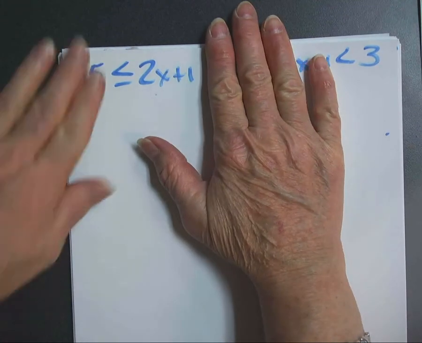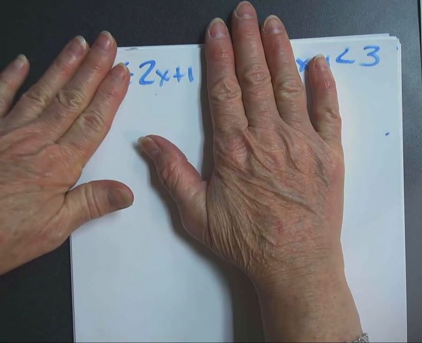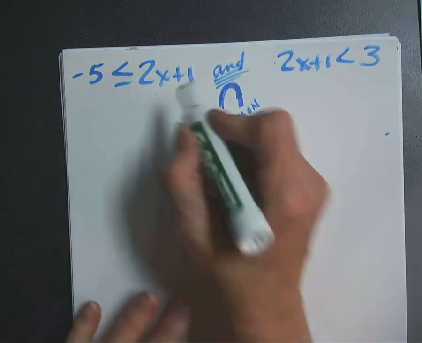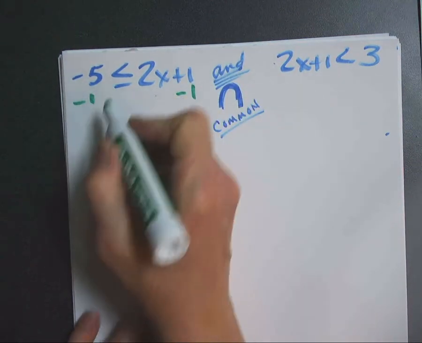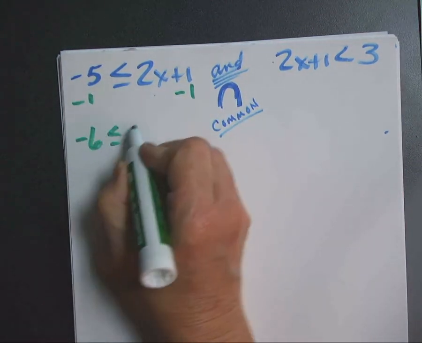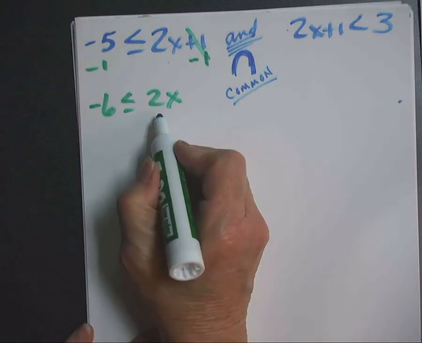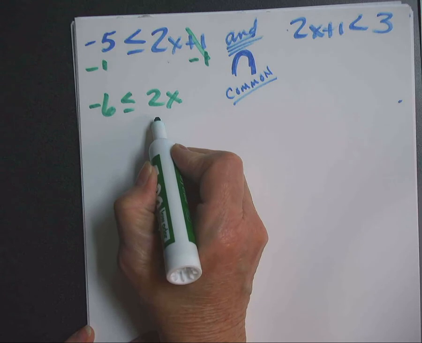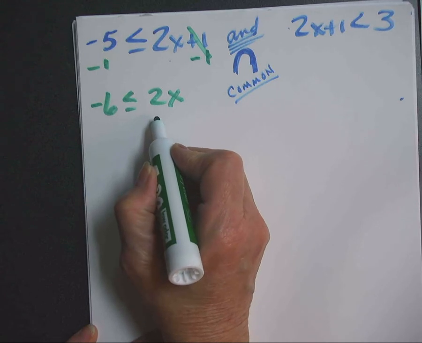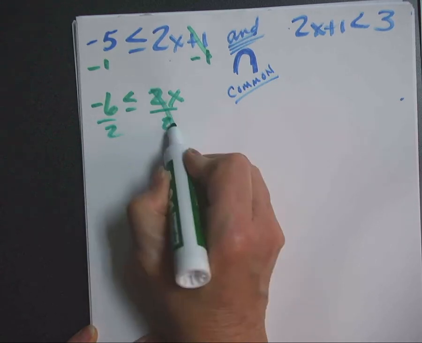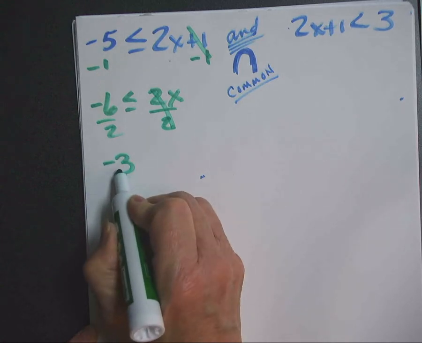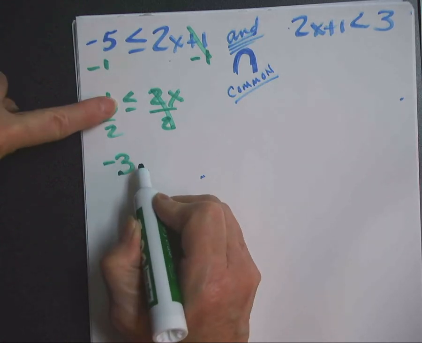Okay, so starting on this side, what are we going to do to start solving that? Minus one. So we have -6. What about here? To solve? Divide by 2. That's going to give you -3. And do we leave this?